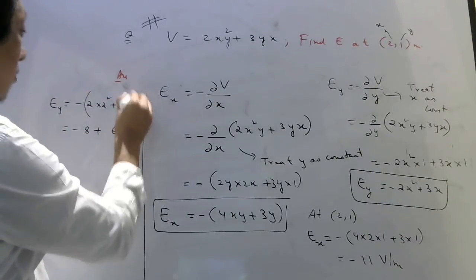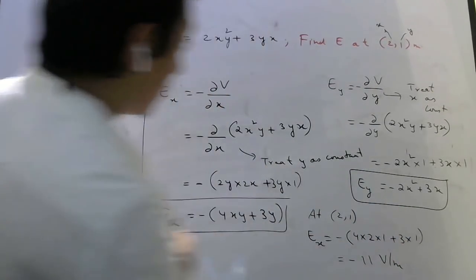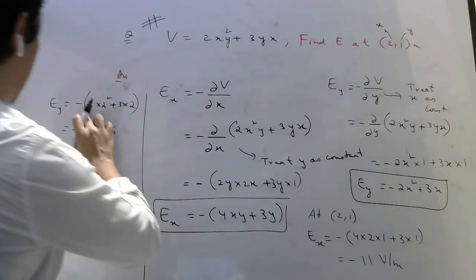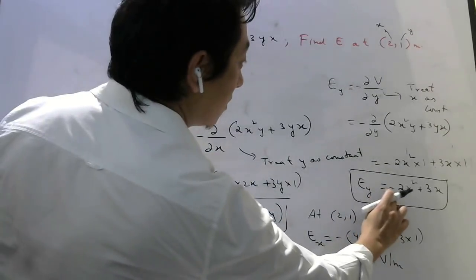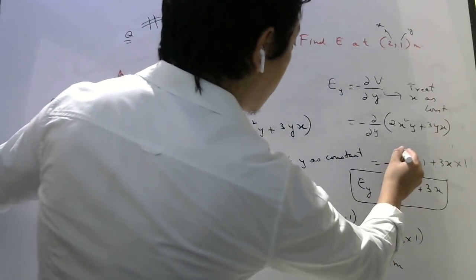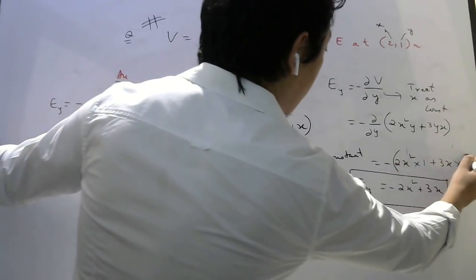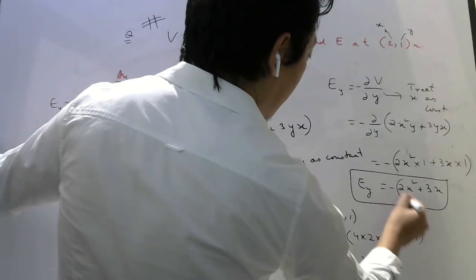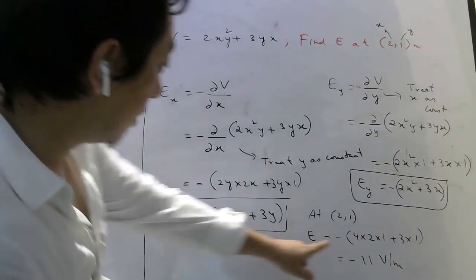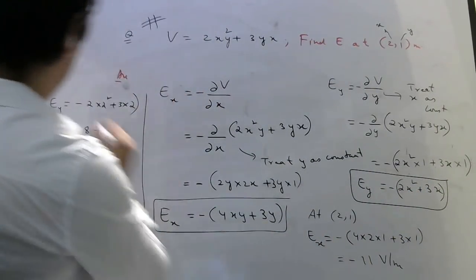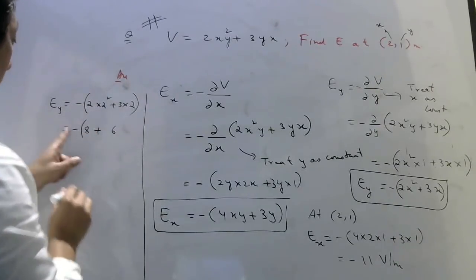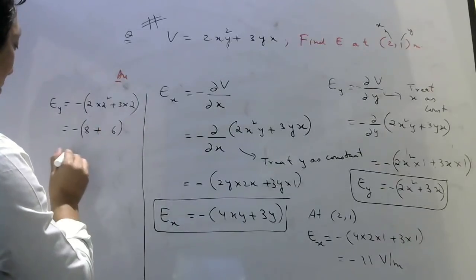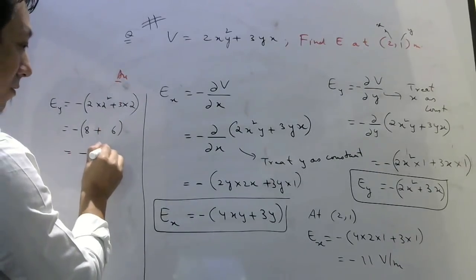There should be a bracket here, the minus sign should be outside, otherwise minus 8 plus 6 will be a wrong answer. So minus of 8 plus 6, that will be minus 14 volt per meter.